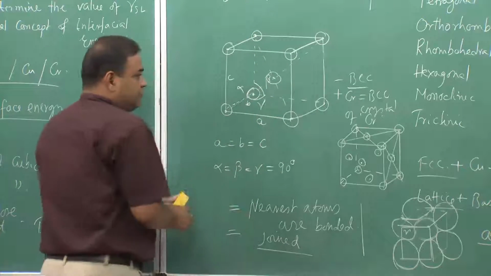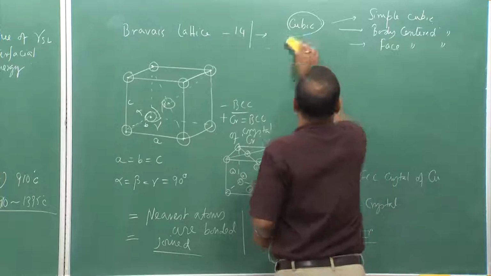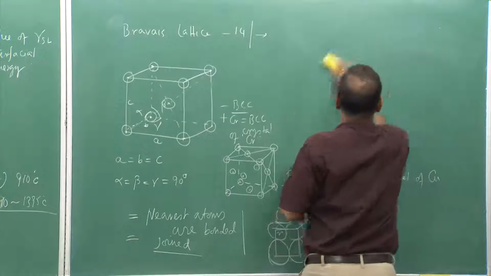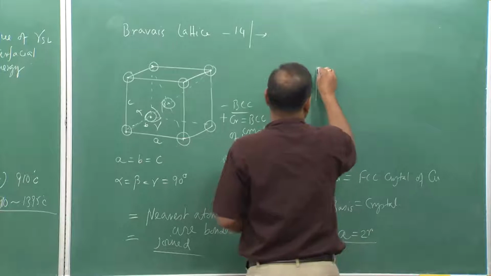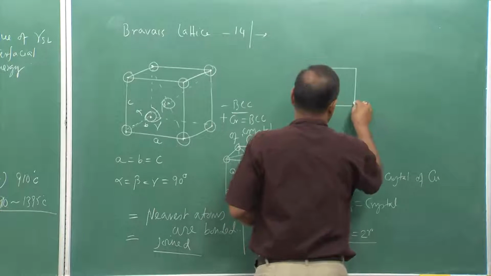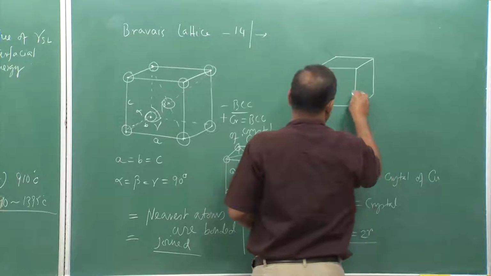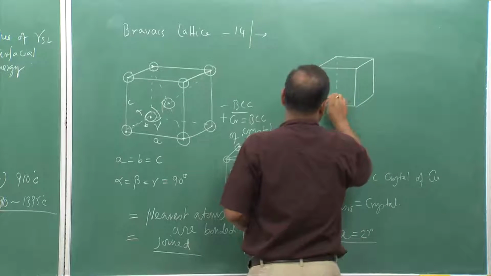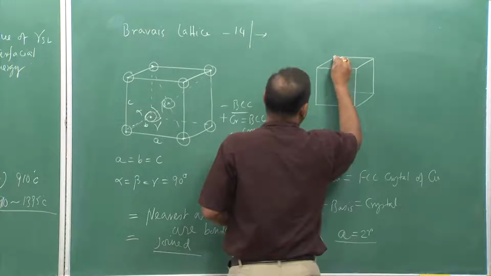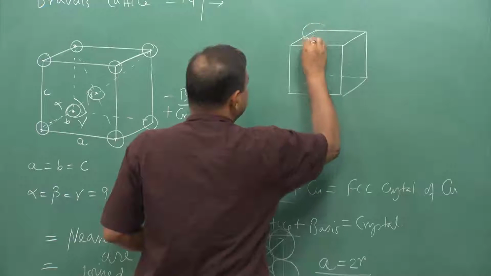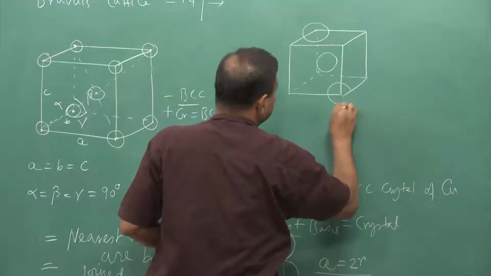So, if we try to draw it, this atom, then the center atom and this corner atom.